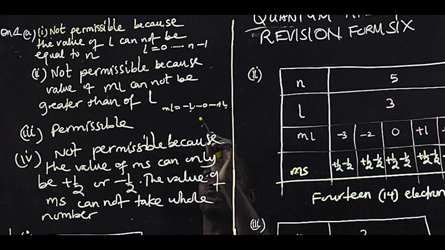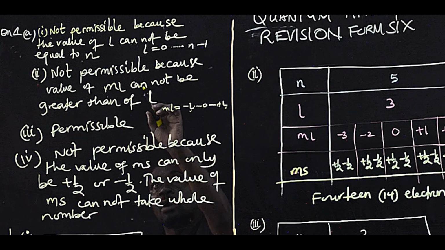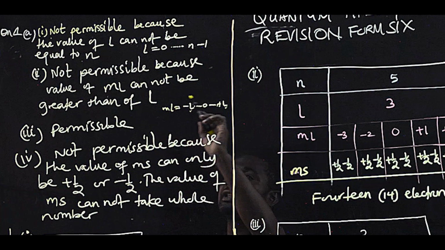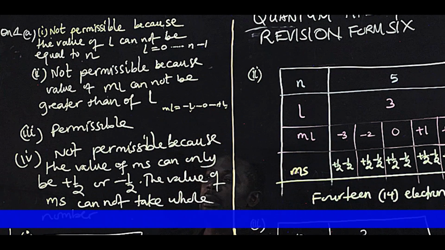So ml equal to 2 is greater than l equal to 1. So the set of quantum numbers given is not permissible because the value of ml cannot be greater than the value of l.